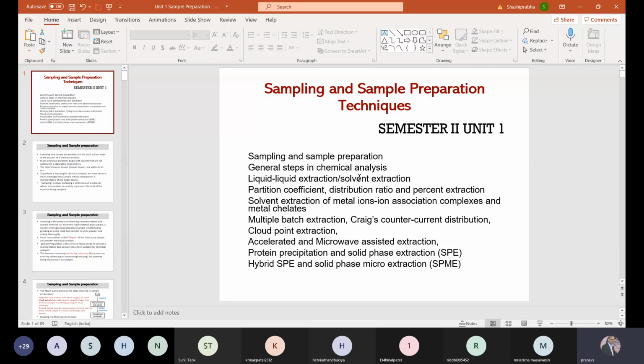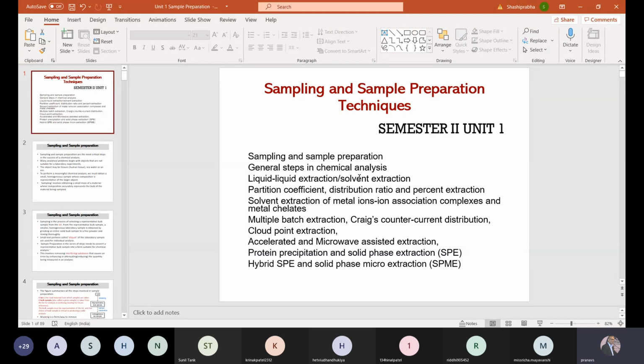Now, in any chemical analysis, what we are interested in is to analyze any substance in any form available, to be analyzed by any known analytical tool or technique.